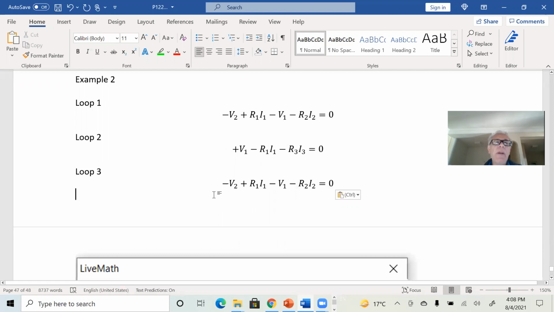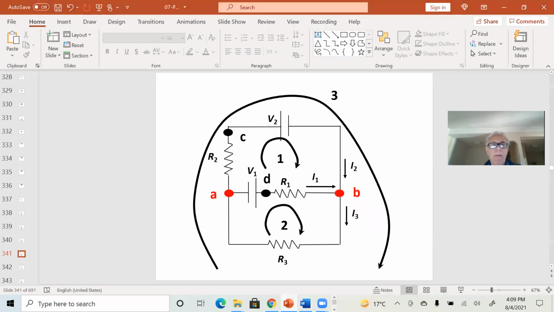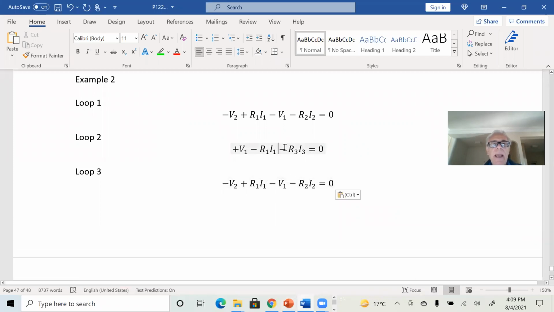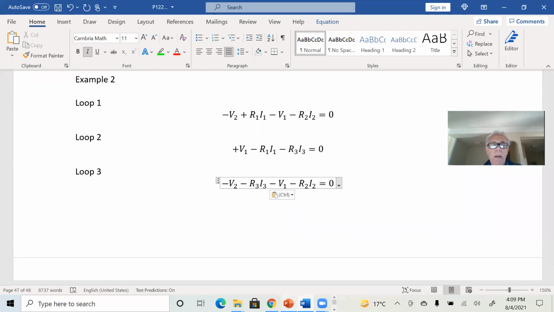Some parts of loop 3 coincide with some parts of loop 1. We pass across V2, move along R3, and lose electric potential along R3 as well, so we must have one element from loop number 2 there.